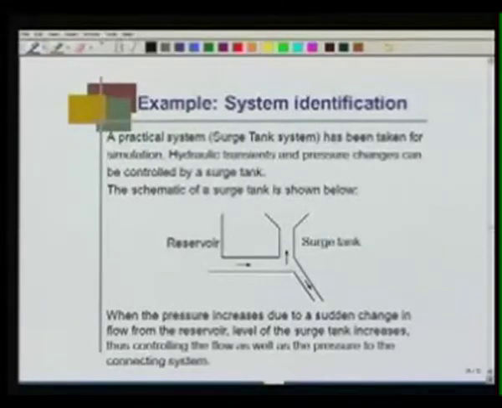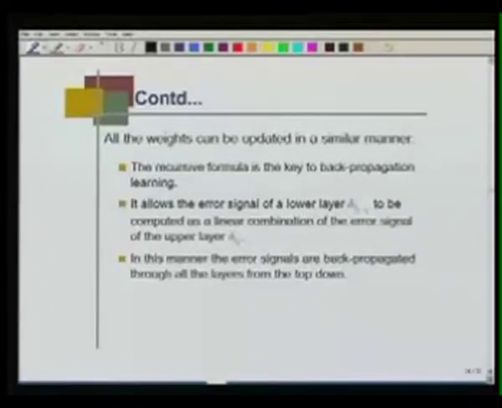We are done with the first part that we wanted to explain today, which is the generalized delta rule. In the generalized delta rule, the concept was that we wanted a recursive formula for a back propagation learning algorithm. It allows the error signal of a lower layer to be computed as a linear combination of the error signal of the upper layer.